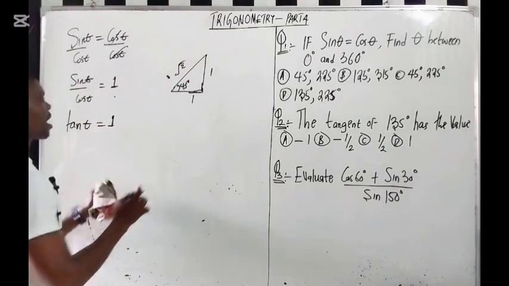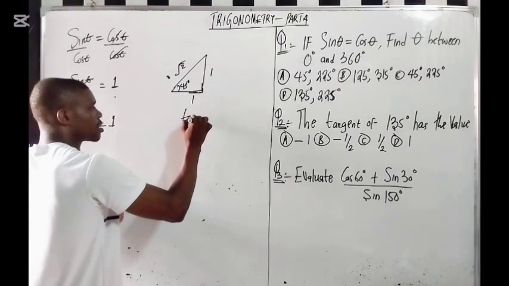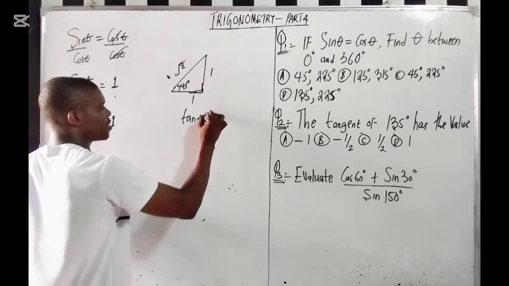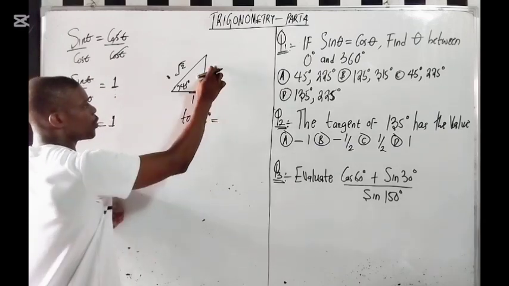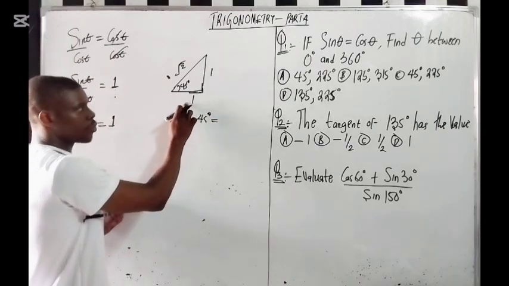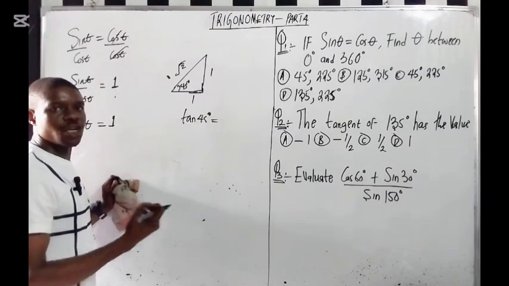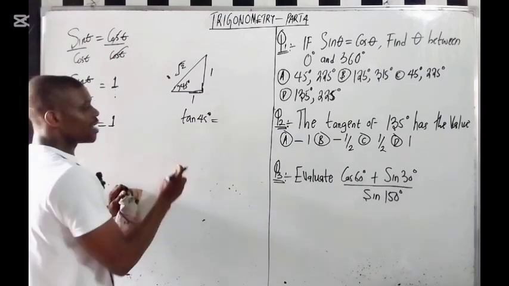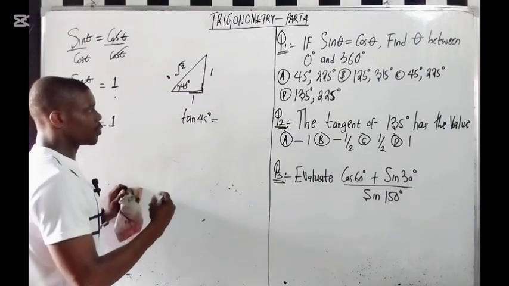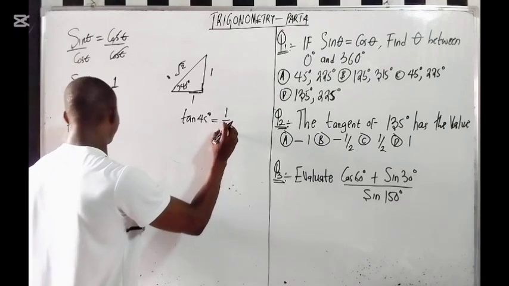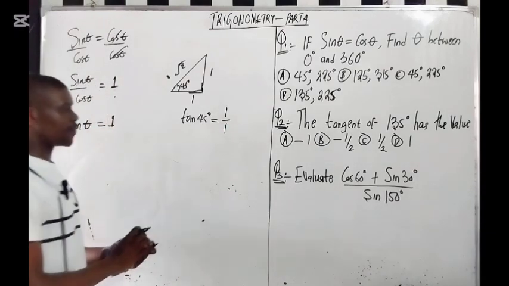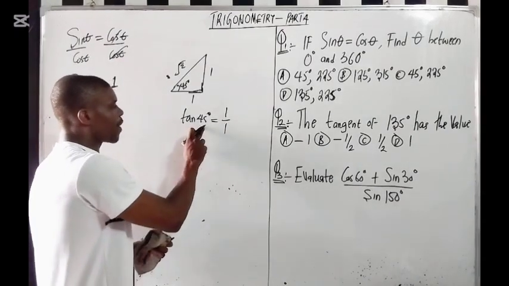Tan 45 degrees is opposite over adjacent, because in trigonometry SOHCAHTOA, tan theta is opposite over adjacent, which is 1 over 1. It means that tan 45 equals 1.